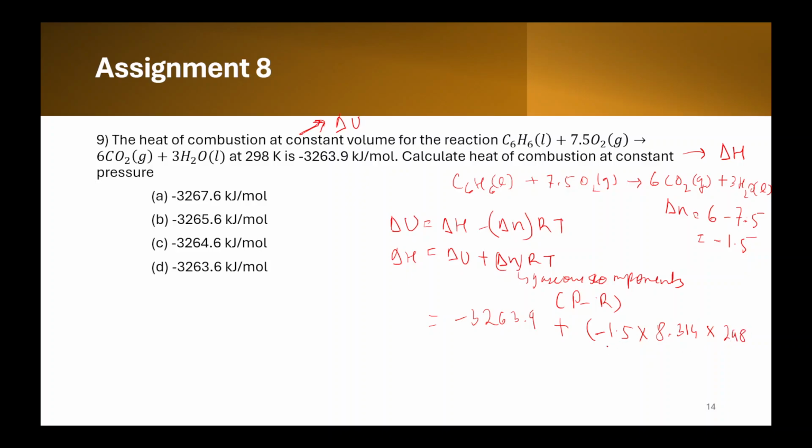So temperature, and because this is in kilojoules per mole, it will be 1000. So this is joule per mole per Kelvin, and this is Kelvin. So this is kilojoule per mole, because this is joule. If you see, this is kilojoule per mole per Kelvin, and you multiply by Kelvin, so it will be kilojoule per mole. So that is how you get it.